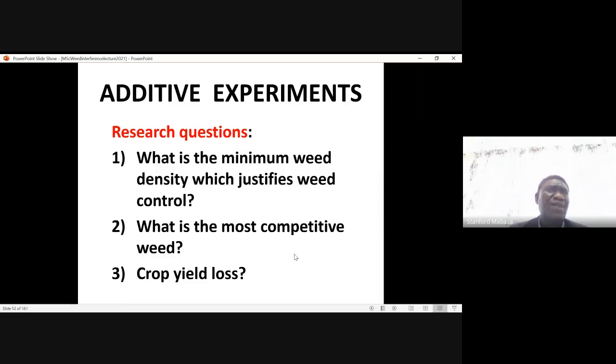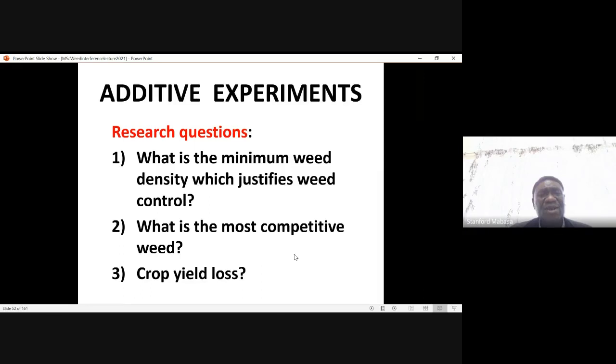Remember, use of herbicides or any other weed control technologies may cost money. The other issue we want to look at is what is the most competitive weed, because weeds can differ in terms of competition.